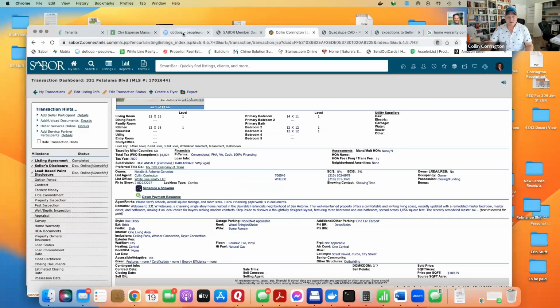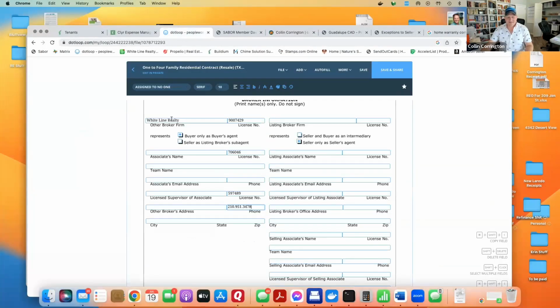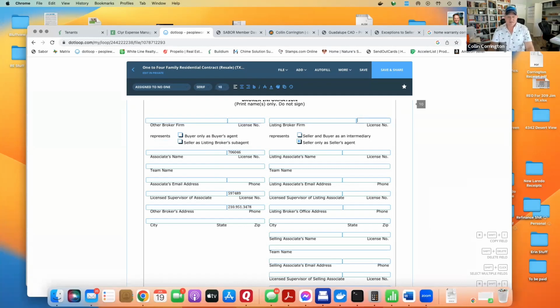Where it gets a little bit hairy, guys, is sub-agent, good Lord. I'm not going to get into sub-agent. Right now, that's going to take too long. But where it does get a little bit hairy is let's say I'm representing the seller and Matt is representing the buyer, and we are doing intermediary.